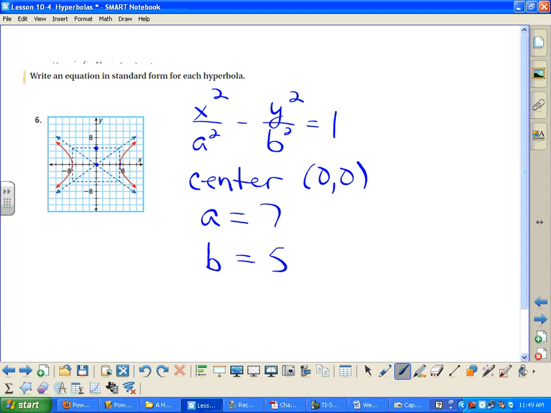And then I just put them in. So my answer is x squared over 49 minus y squared over 25 equals 1. So we need to know which way it opens, so we know which equation to use, find the center, and then find the values of a and b.